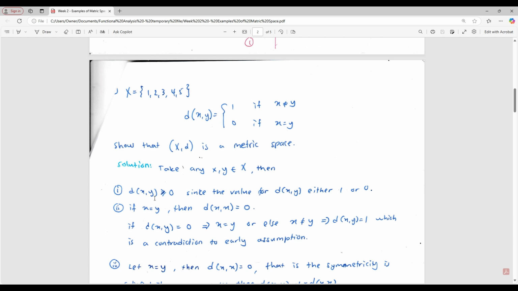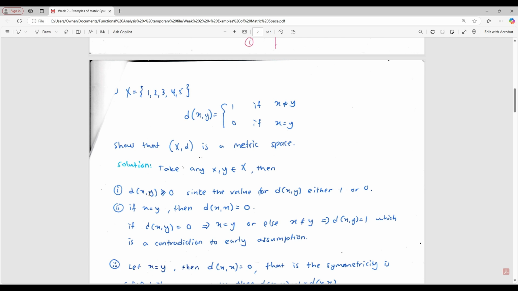So first of all, I'm going to take any values x and y inside the space capital X here. So when I compute the metric between x and y, of course I'm going to get a value of at least 0, because I know that the value of the metric between x and y must be either 0 or 1. So it depends on the values of x and y here. So the first property is satisfied.